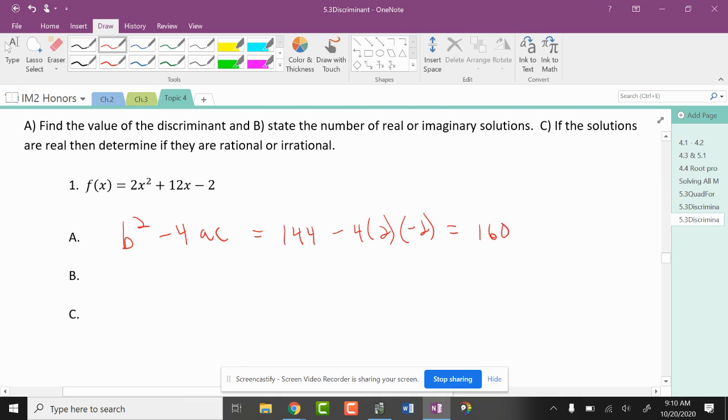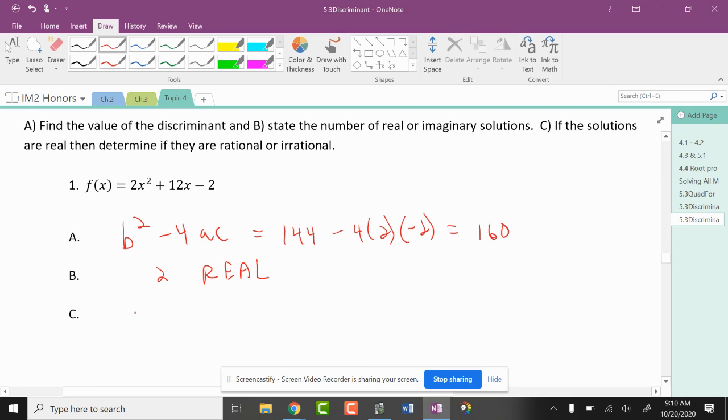I believe this becomes 160. First things first, is 160 a perfect square, yes or no? 144 is a perfect square. What's the next one? What's 13 squared? Come on, someone knows 13 squared. 169. So is 160 a perfect square, yes or no? No. So, say the number of real or imaginary: two real solutions.